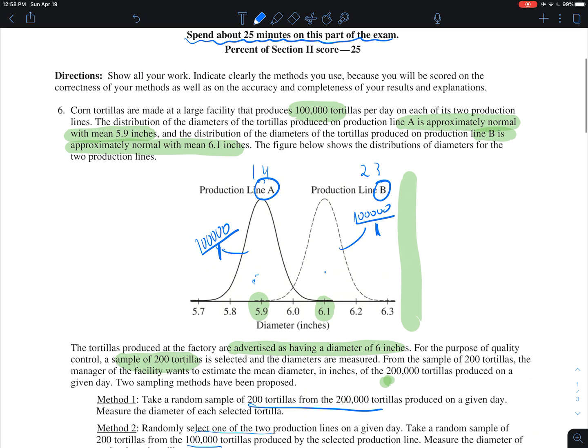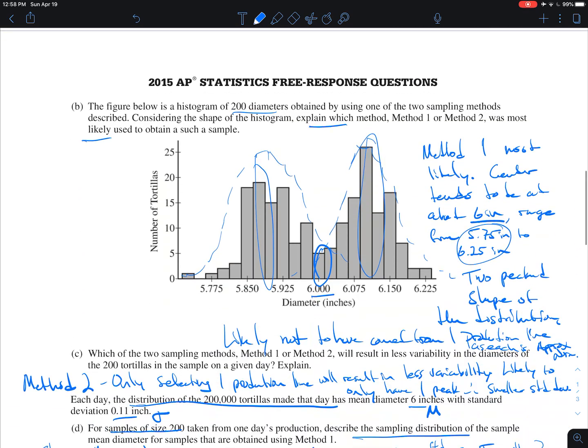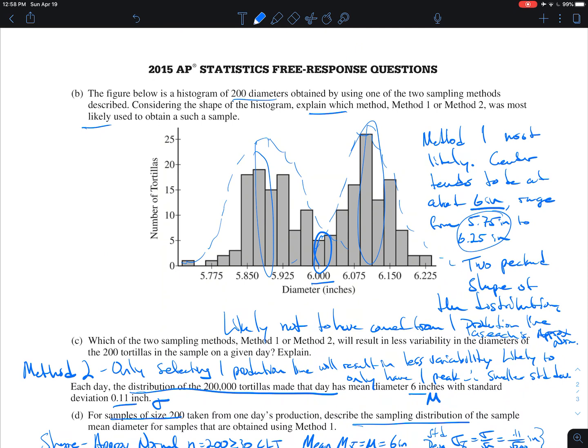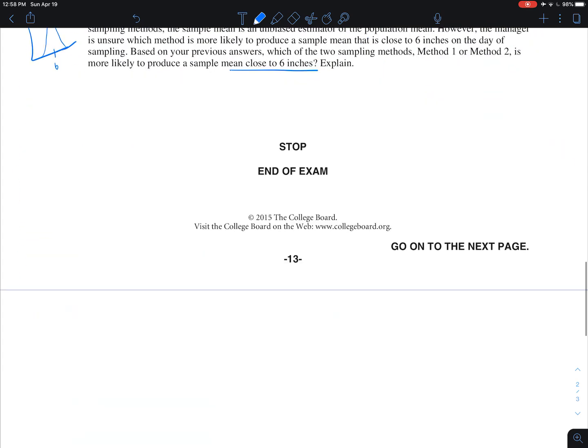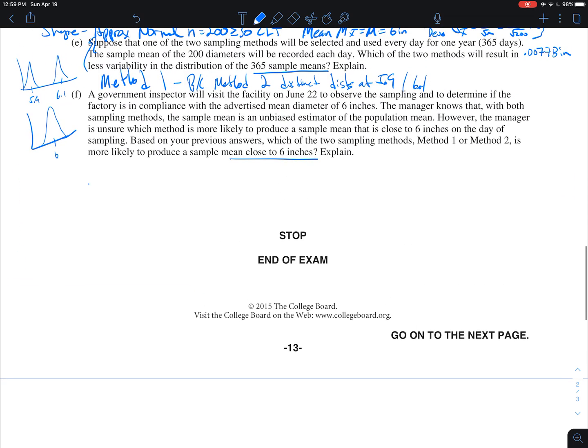So are you better off picking one of these guys and taking all the tortillas from there, where you would expect to get either 5.9 or 6.1? Or are you better off taking 200 from something that looks like this and hoping for a mean in there? And I think for the reasons we talked about in B and in D, we're leaning towards method 1 here.